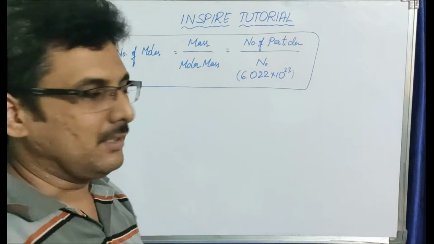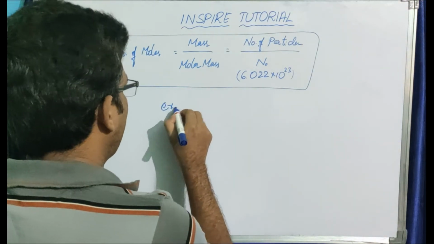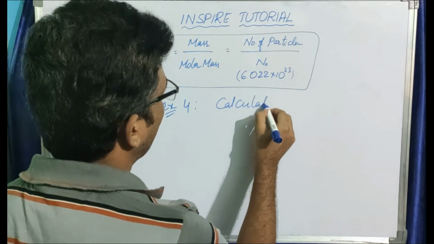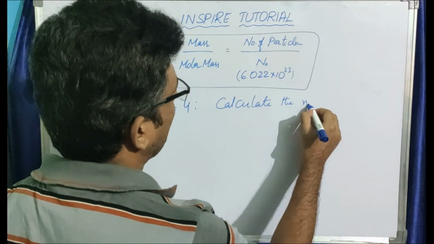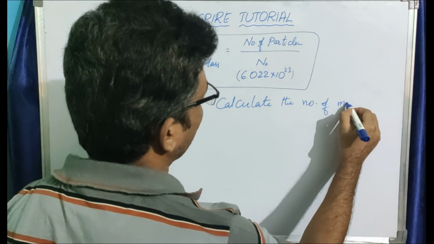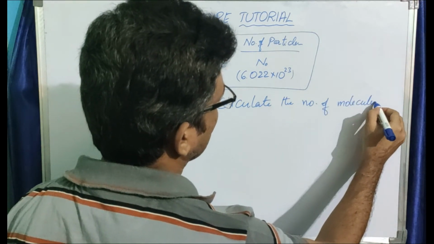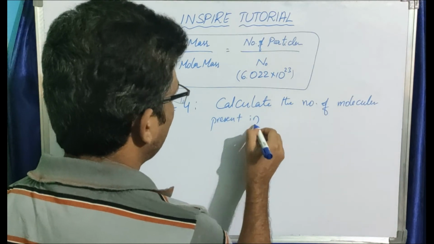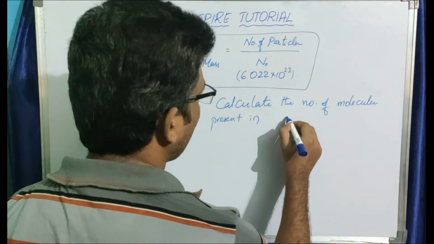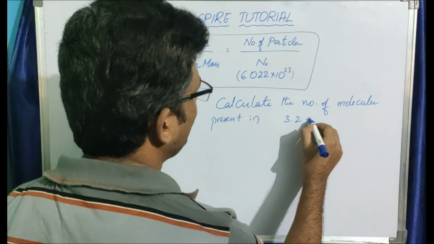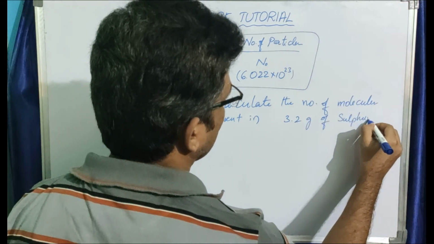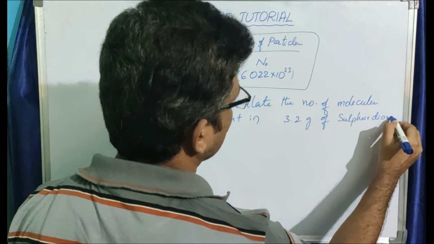Let's see another example. Example 4. Calculate the number of molecules present in 3.2 grams of sulfur dioxide gas.